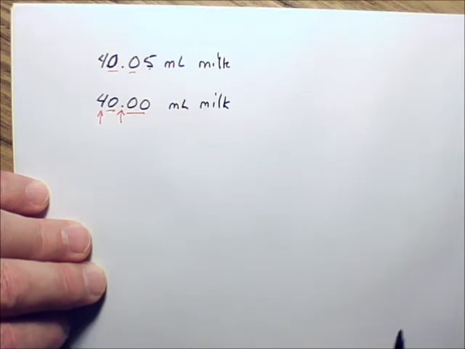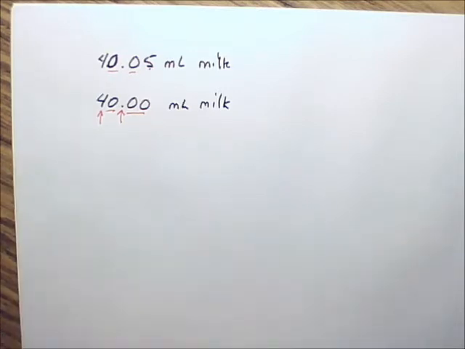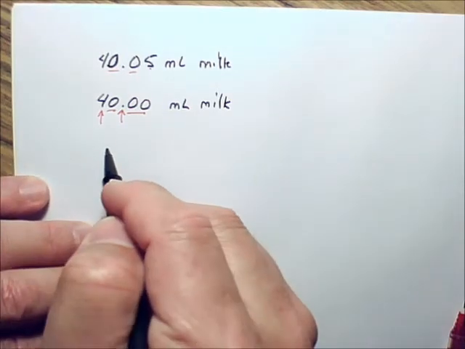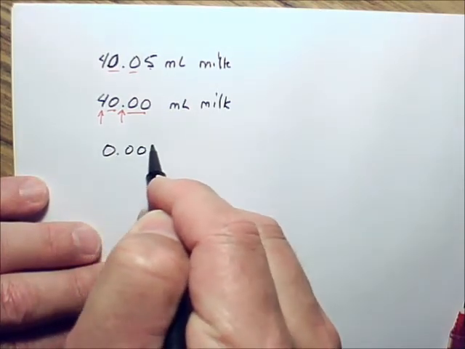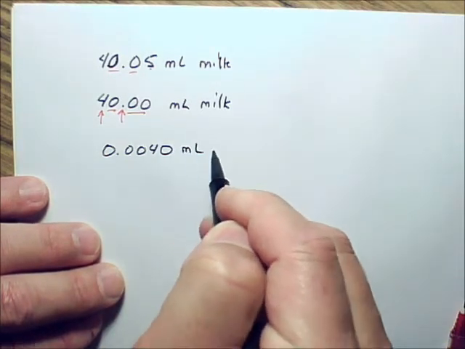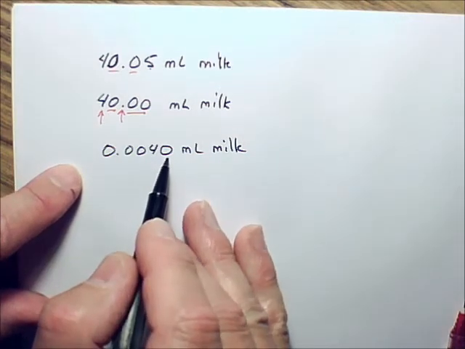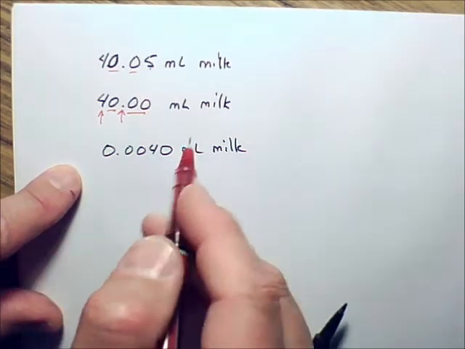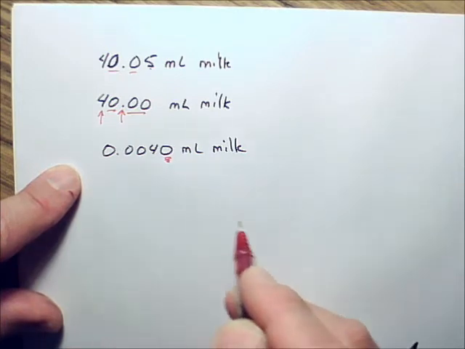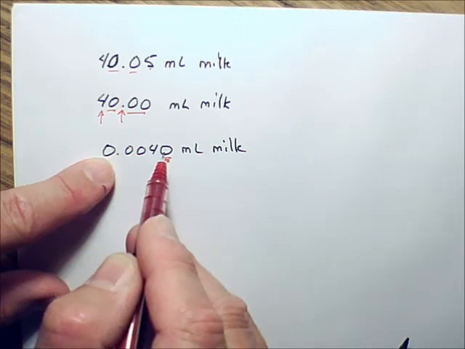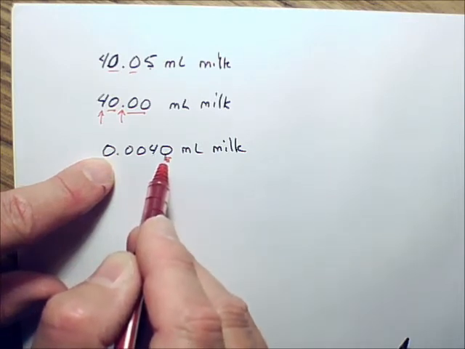Now there's kind of a shortcut rule that's not really part of the main rules. The shortcut rule is leading zeros are not significant. That doesn't fit everything, but it's a way of figuring out some simple stuff. For example, if I have 0.0040 milliliters of milk, this last zero is significant because it follows a non-zero digit and a decimal place.